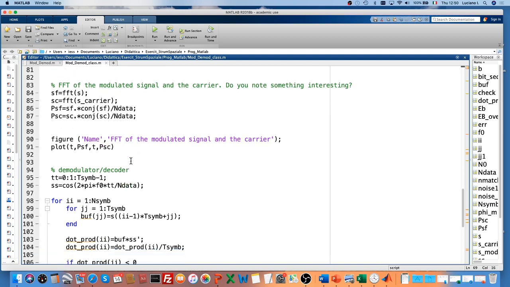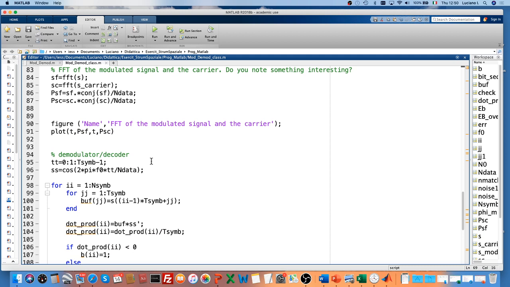We will see it here. And then this is the demodulation phase, the demodulation stage. So I have to multiply this sequence made up by modulated carrier plus noise, bit per bit, take the scalar product, with the deciding waveform, so over the bit duration. And you can see the outcome here.